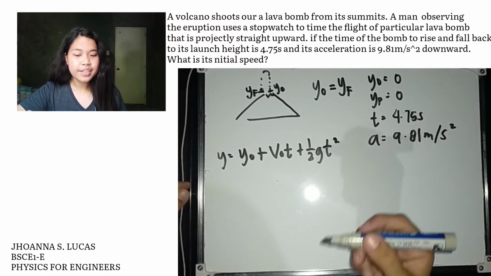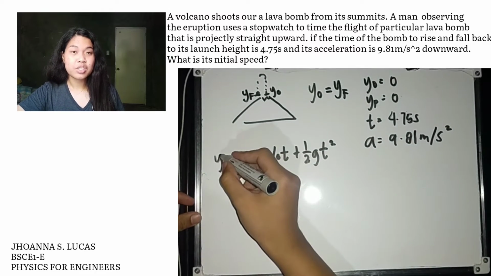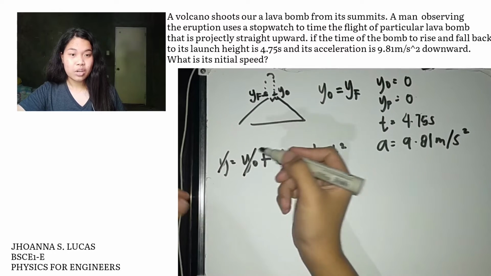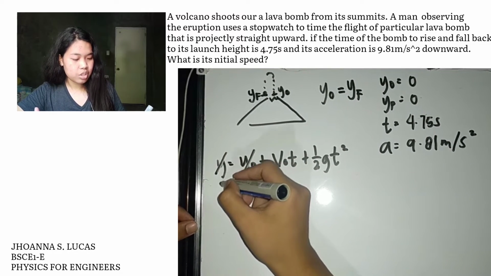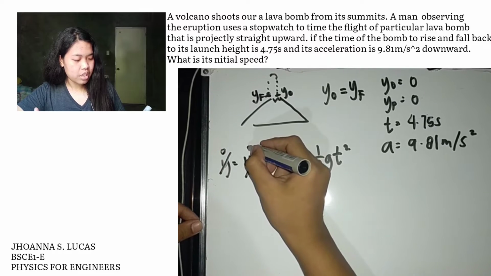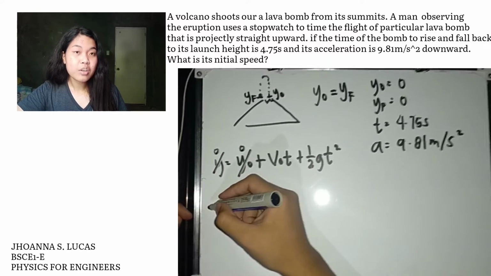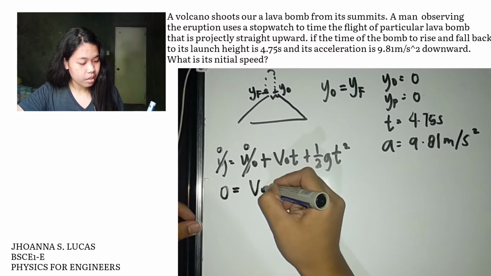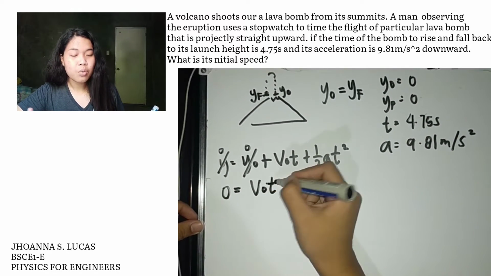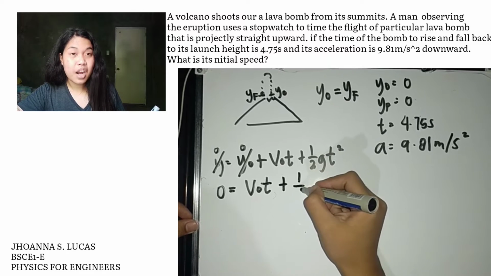Now, we can cancel initial and final position since it is both 0. So, our equation now is 0 equals initial velocity times t plus 1/2 times gravity times t squared.